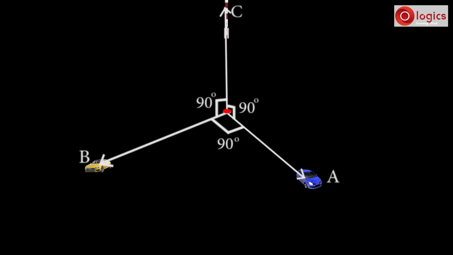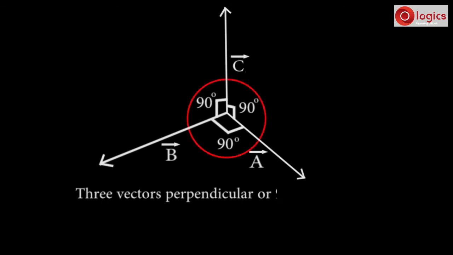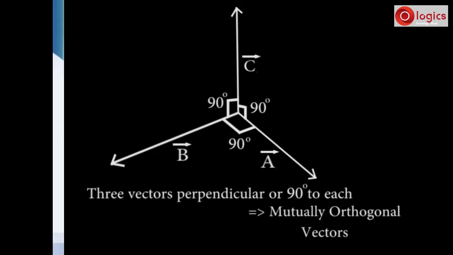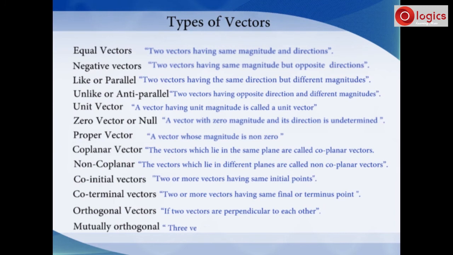All three objects are orthogonal to each other. Now, this can be represented by vectors A bar, B bar, C bar, and these vectors are perpendicular to each other. Then, we can say A bar, B bar, C bar are mutually orthogonal vectors. Three vectors which are perpendicular to each other are called mutually orthogonal vectors.